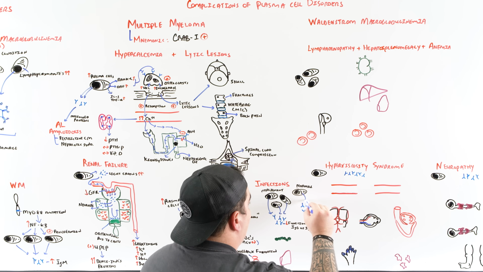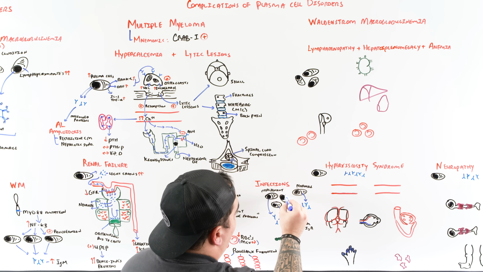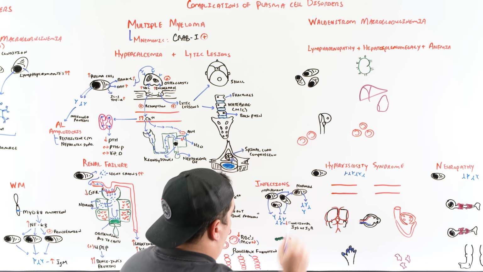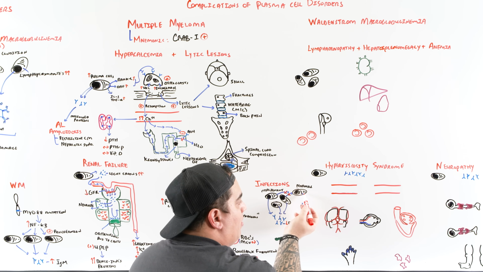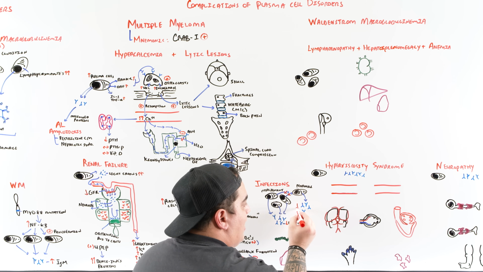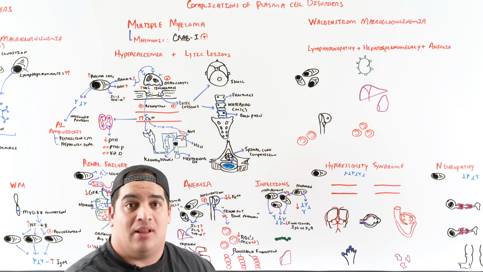And so these malignant ones can actually come over here and take up space or crowd out or suppress your normal plasma cells. And so that causes this drop in other immunoglobulin lines.